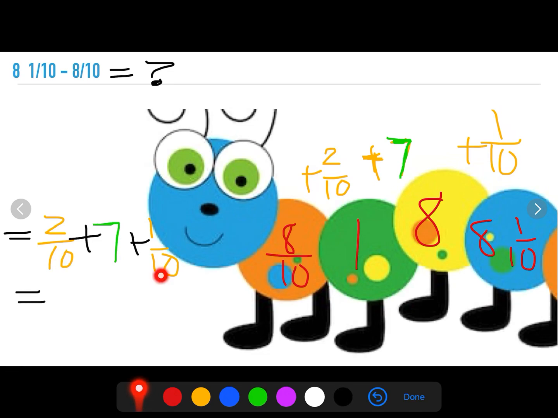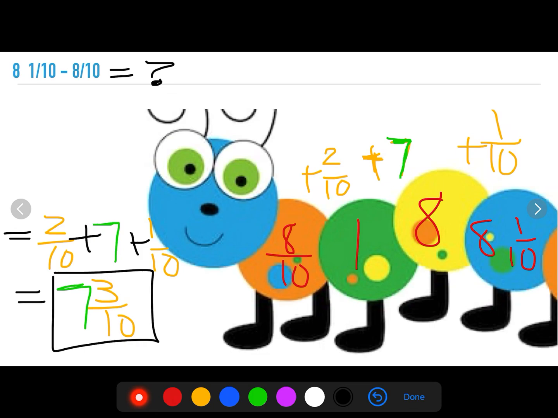Remember, we're combining like terms. 2/10 plus 1/10 equals 3/10. And then simply just bring down my 7 wholes. So 8 1/10 minus 8/10 equals 7 3/10.